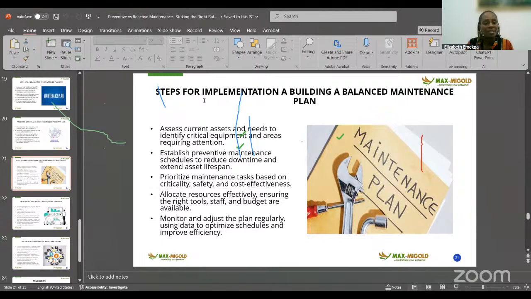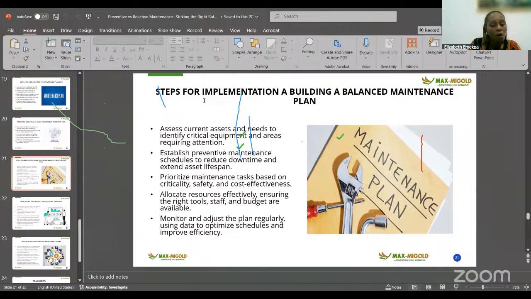Steps for implementing a building balance maintenance plan. For us to implement a building balance maintenance plan, what are those steps we need to take? Have your maintenance routine plan in place.